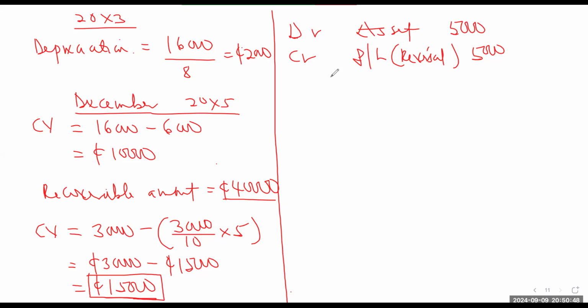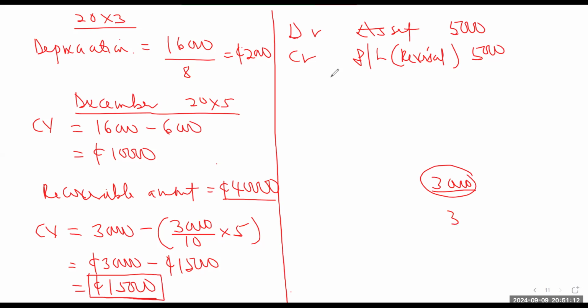So what is the difference? 1,000 for 3 years, which gives us 3,000. So at the time that the assets were impaired, we were undercharging our depreciation, but we are now assuming that the impairment has not happened. So the depreciation should have been 3,000.